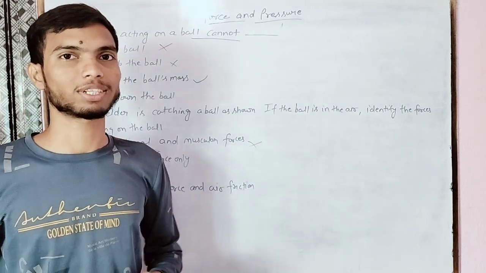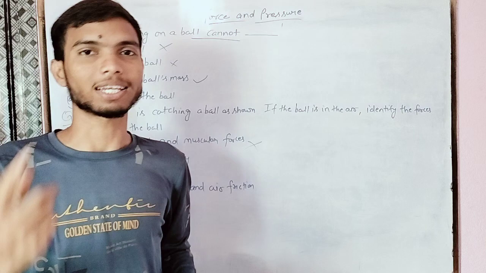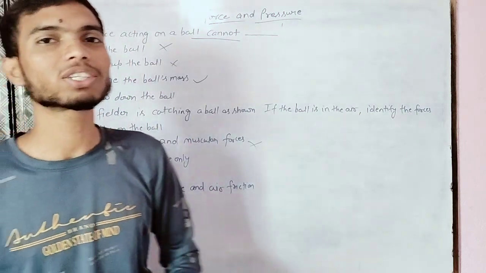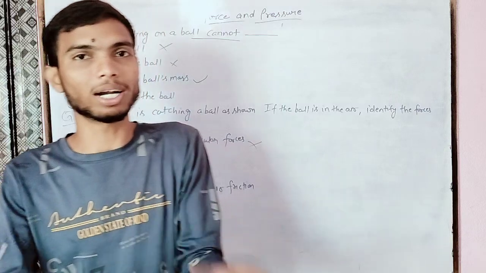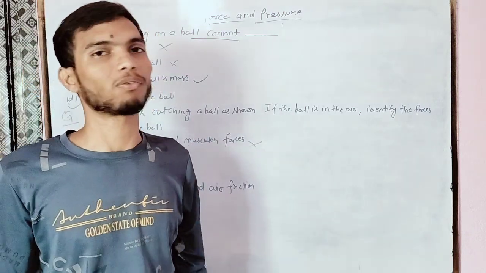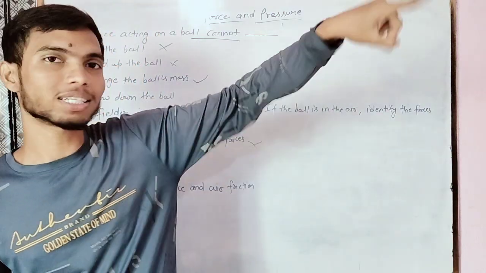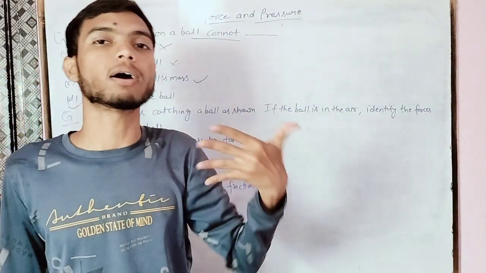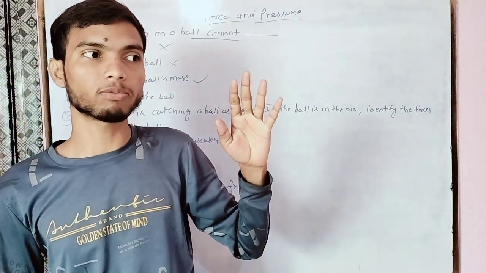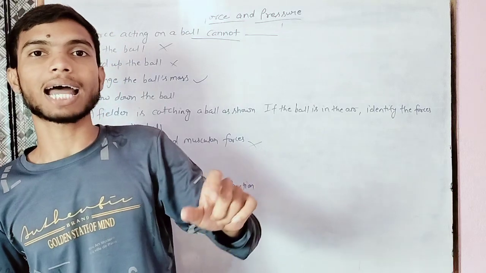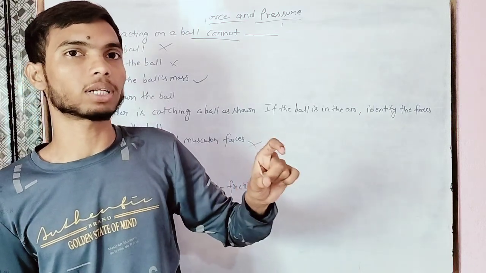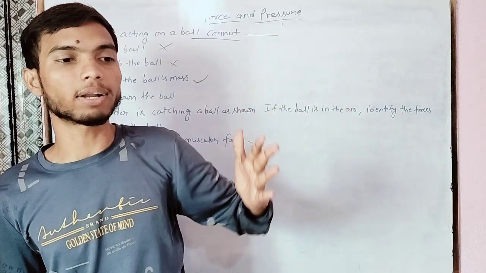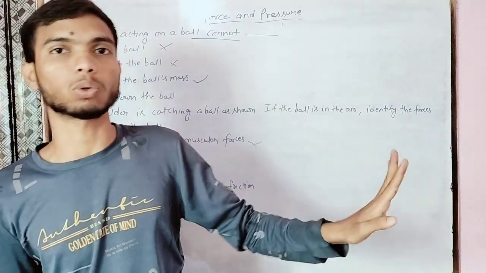Air friction, because there is air. So this kind of friction we call air friction. The ball is in air, so air friction is acting on the ball, and gravitational force is also acting on the ball.